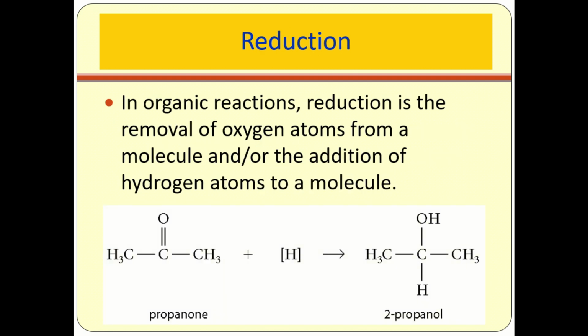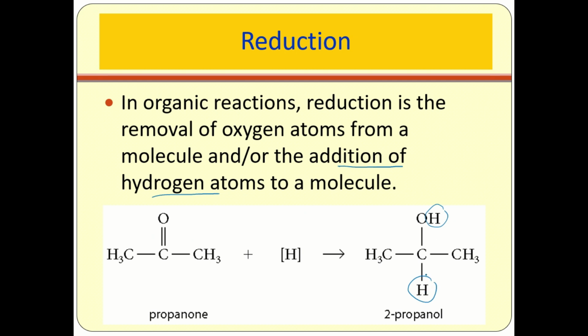Reduction in organic reactions means removal of oxygen atoms or, the more common one, addition of hydrogen atoms into a molecule. Here, in the example, the ketone propanone is being reduced to an alcohol. So from propanone to the alcohol, we have added this one hydrogen and another one to the carbon.